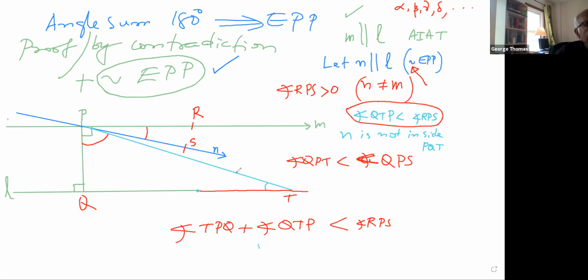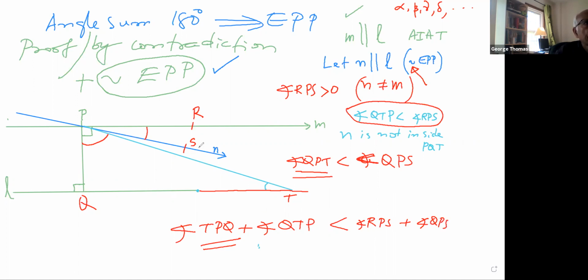This angle is less than this angle, and this angle we just said, TPQ is QPT, is less than QPS.